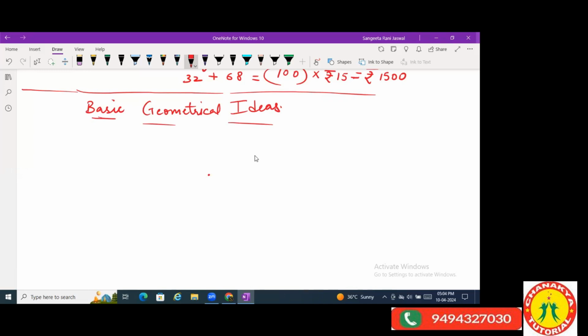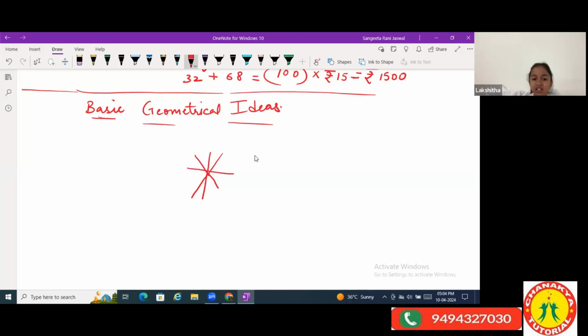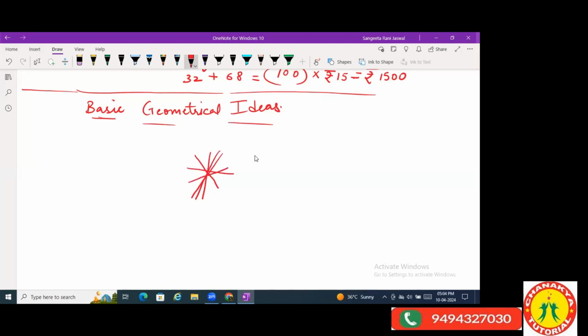From this point, if I have to make a line, how many lines can pass through one point? Infinity. Yes, you can make as many lines as you want.